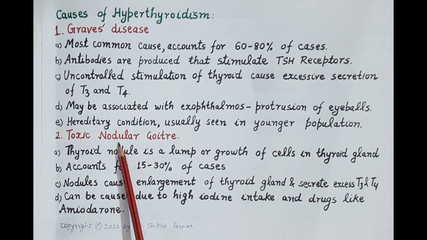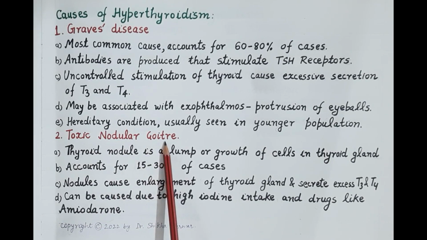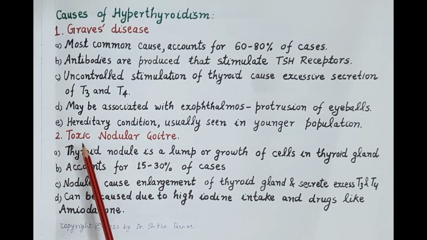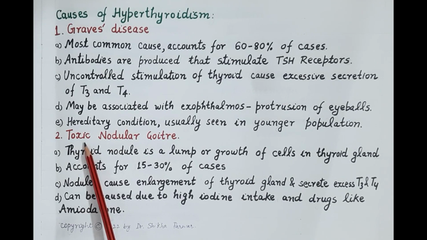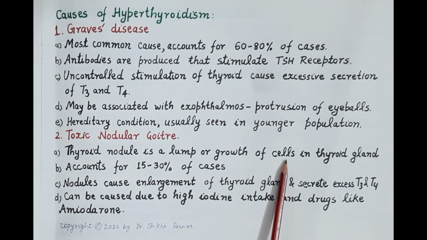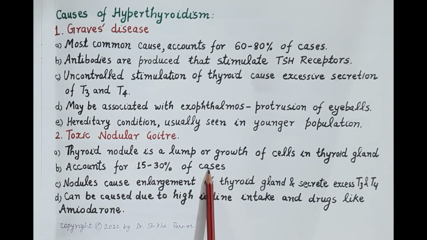Another very important cause of hyperthyroidism is the toxic nodular goiter. Now, goiter, as we know, is the enlargement of thyroid gland, and it is termed as toxic because this goiter produces excessive T3 and T4. Thyroid nodule refers to a lump or the growth of thyroid cells, and this toxic nodular goiter accounts for 5 to 30% of hyperthyroid cases.